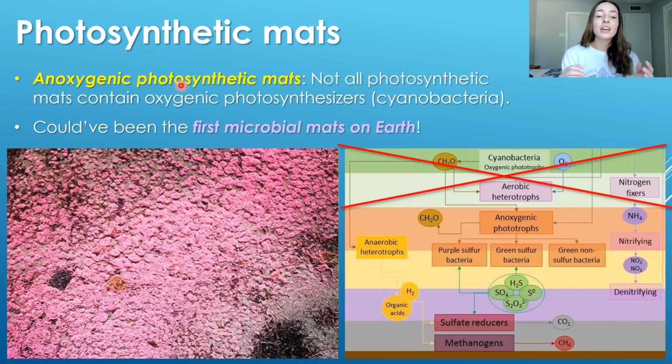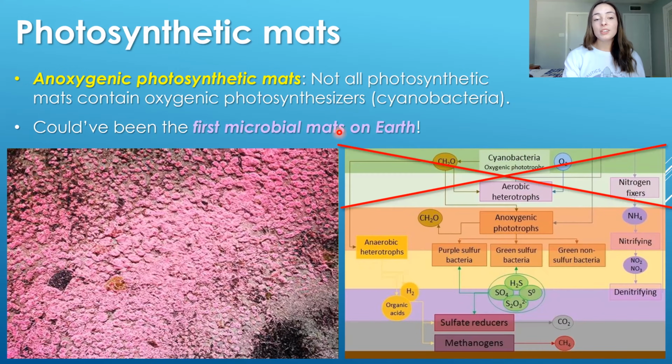But that is when oxygenic photosynthesizers evolved and began to produce oxygen, building up oxygen in Earth's atmosphere and oceans. And this eventually led to the evolution of eukaryotes and macrofauna. But prior to 2.4 billion years ago, sunlit environments with no oxygen would have been great for these types of anoxygenic photosynthesizers.